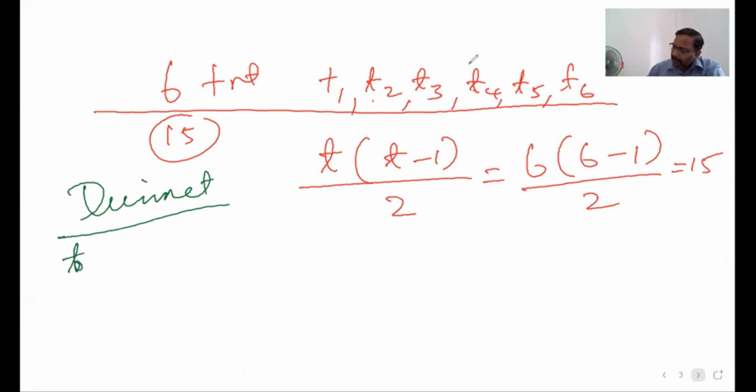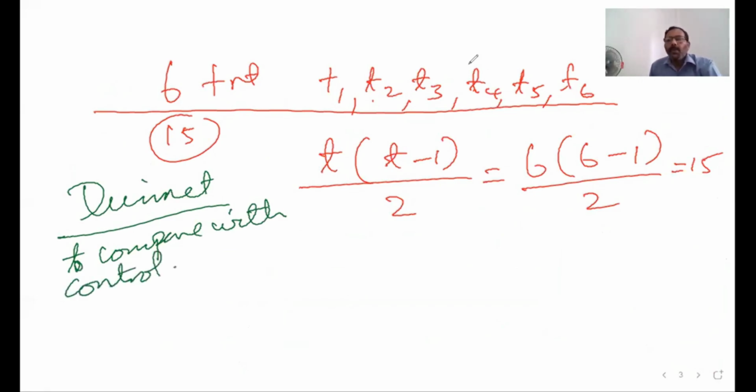to compare with control. What do you mean by control? Maybe when you are starting your 4-2, then you will come up with control. What do you mean by control? There is no treatment.